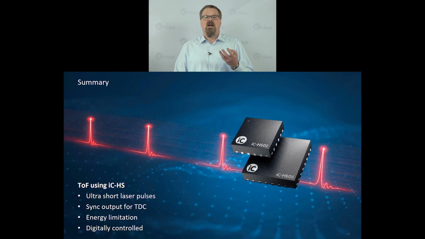It features a synchronization output to start the time-to-digital converter. It also features an energy limitation to support laser safety concepts. And all these functionalities, pulse duration, output current, synchronization output delay, energy limitation, are fully digitally controllable via SPI or I2C.